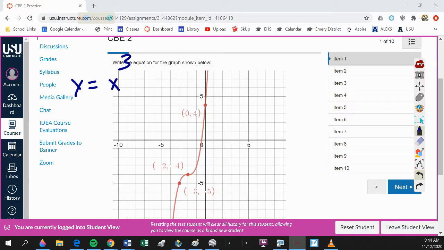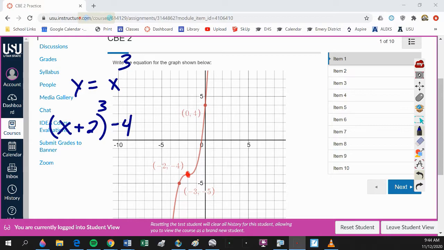So the child function would be x plus 2 to the third minus 4. Okay? Did I count it wrong? No? Okay. So this would be the vertex, which is left 2 and down 4.